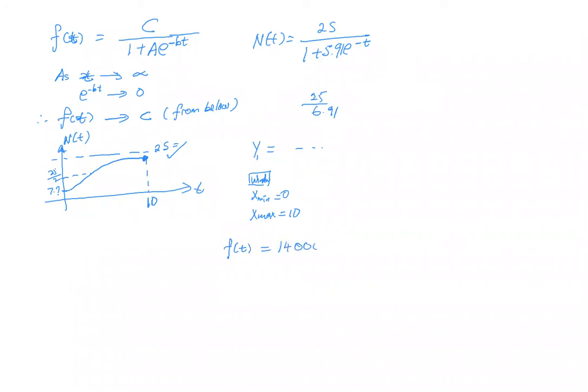So what should your f, you have to put your f(t) as 1400. Can I put like that? Hello, class, can I put it like that? Can I put f(t) equal to 1400, then I put 25 over 1 plus 5.91 e to the power negative t. Then I go to the graph, I plot my y4 as 14000.